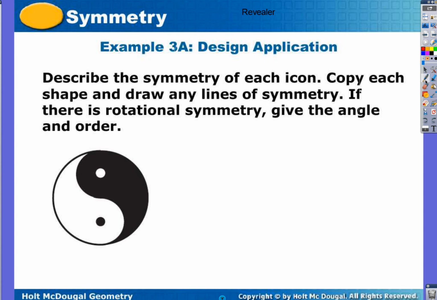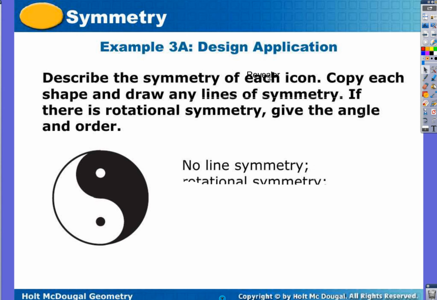If you go horizontal, this one shouldn't have line symmetry. I think it was the rotational one that I disagree with. There's no line symmetry there, so we're in agreement.